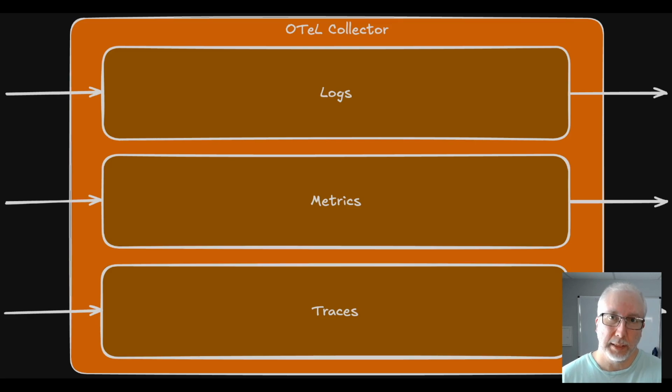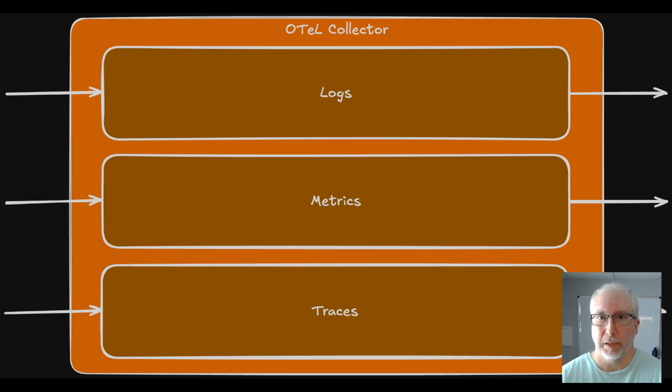And typically the pattern we have is that you would have a separate pipeline for each type of telemetry data, as there will be specific processing you may want to do that is only applicable to a specific telemetry type. So this allows us to run multiple pipelines. And we can also have multiple pipelines of the same telemetry type if there's different places we need to collect that log, for example, from, and do different things depending on where we've gotten it from.